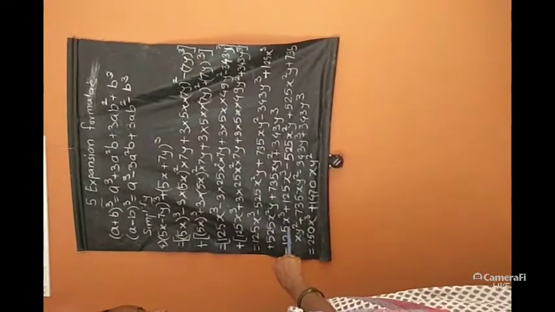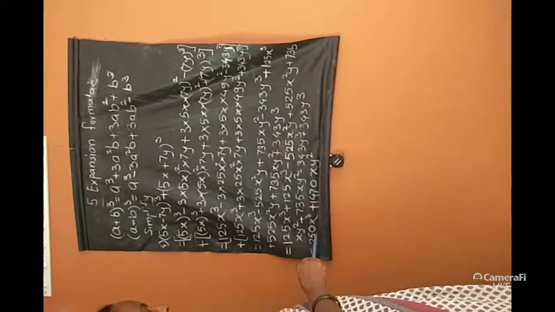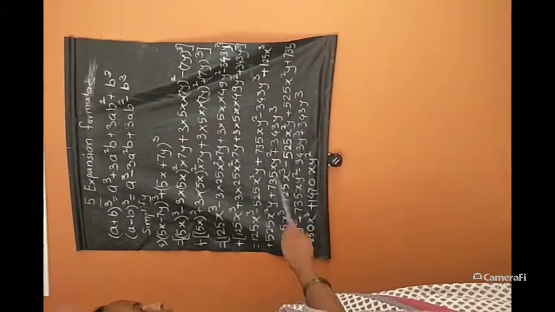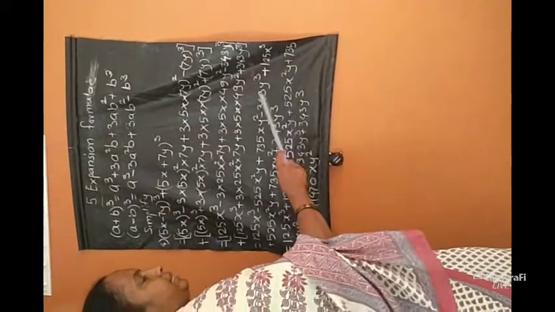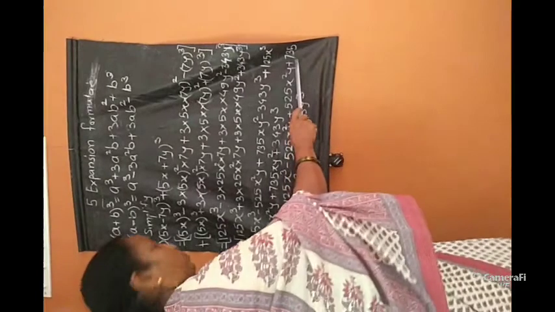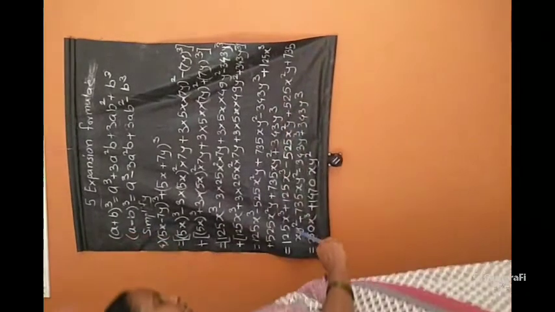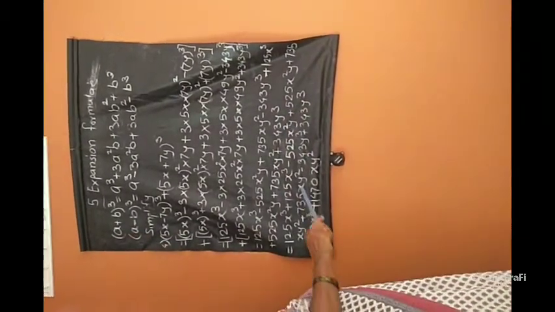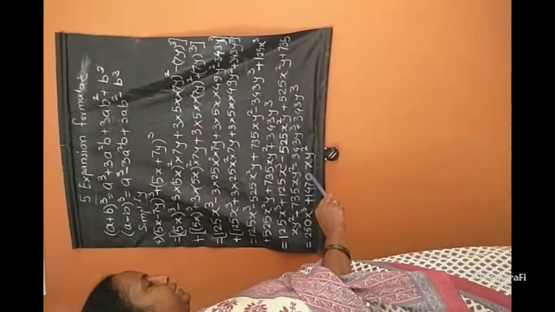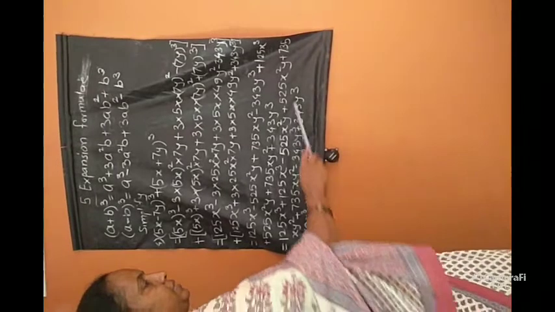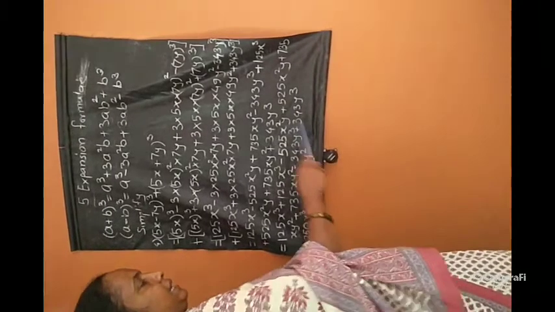Here 125 + 125 is equal to 250x³. Here one is a minus sign and one is a plus sign, therefore plus minus becomes minus according to this rule, and this term is cancelled. Now 735xy² + 735xy² will be added and it will be 1470xy², and the last terms are also cancelled because one is minus and one is plus.